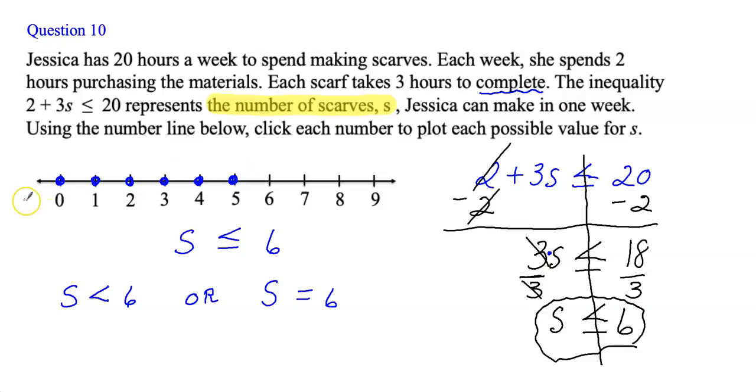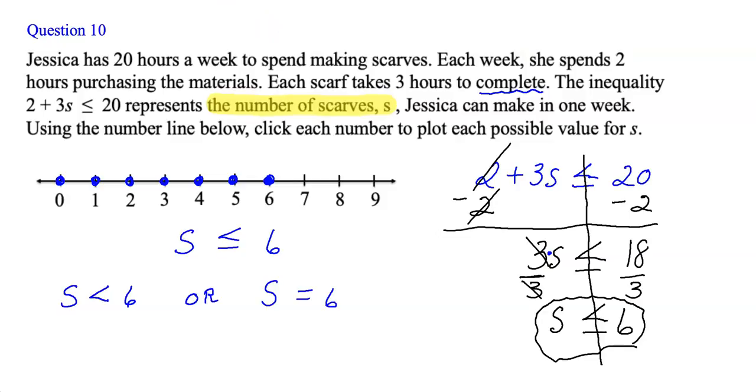I'm just about done now, but she can also complete 6 scarves as well, because it says S, or the number of scarves, equals 6. So I'm also going to put a point right here on the 6. And I'm done. This is the graph, and you would move on.